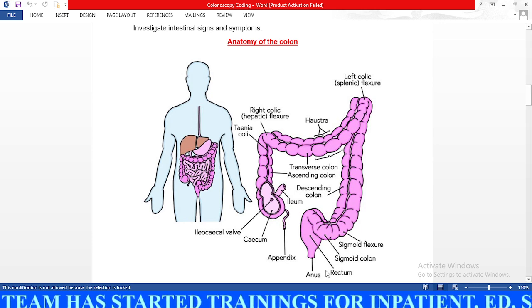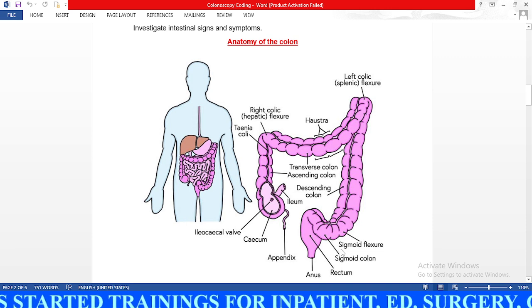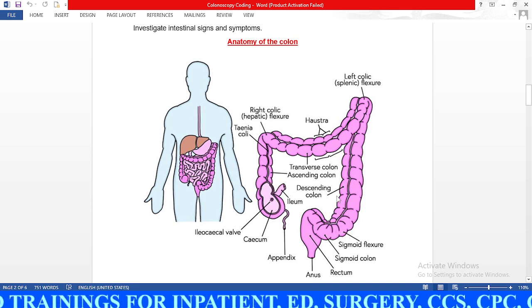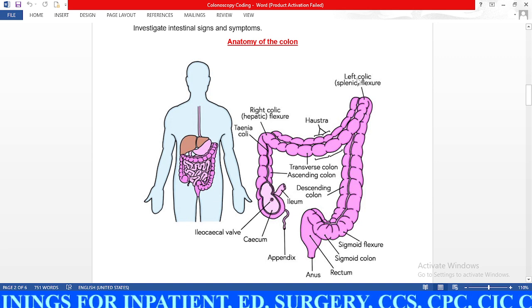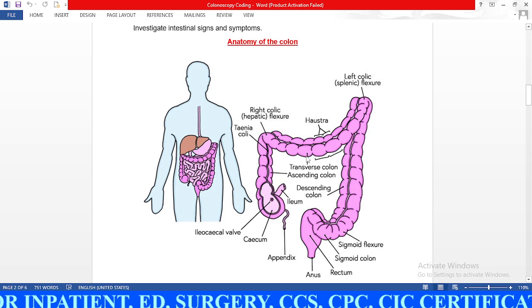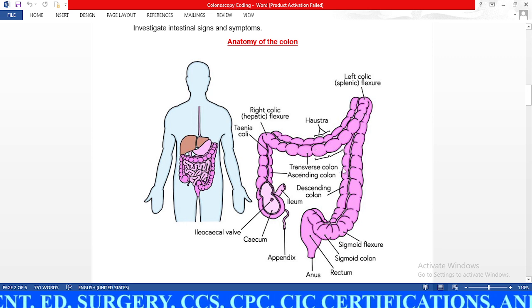So if you check the anatomy, it starts with the anus, then rectum, then sigmoid colon, then sigmoid flexure, then descending colon, then the left colic flexure, then the haustra, and this portion is called the transverse colon.